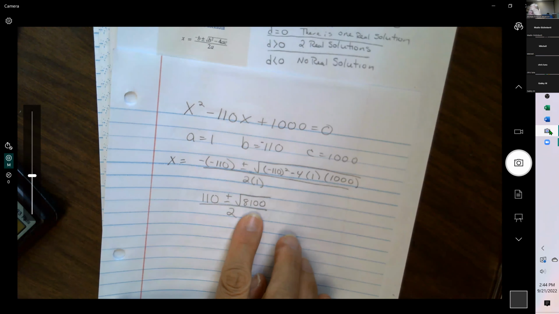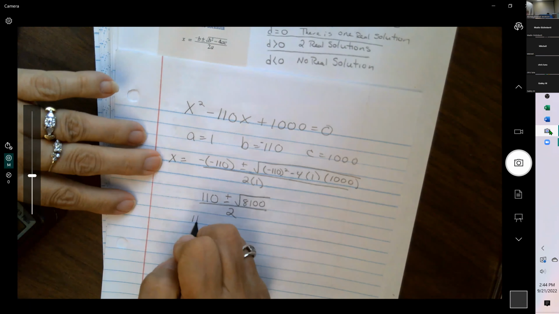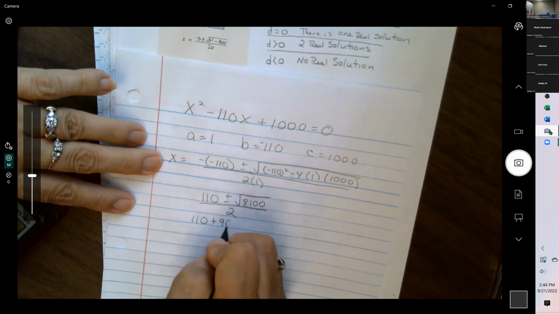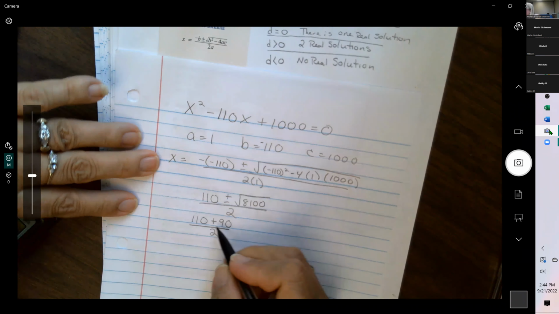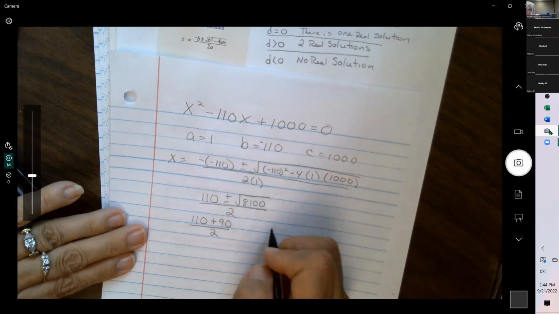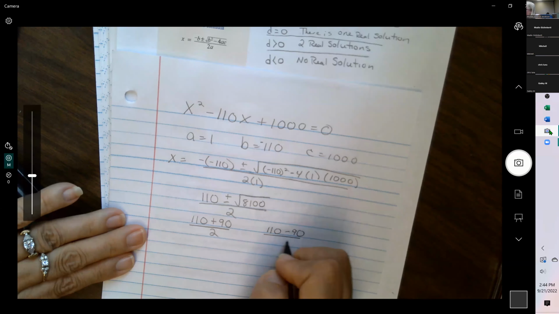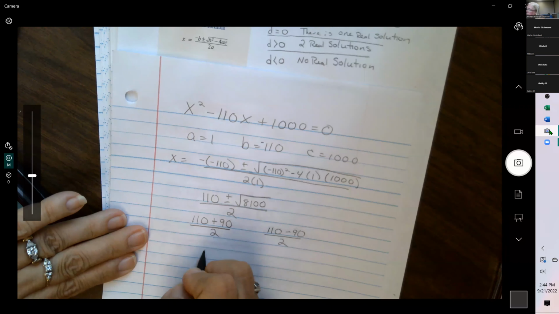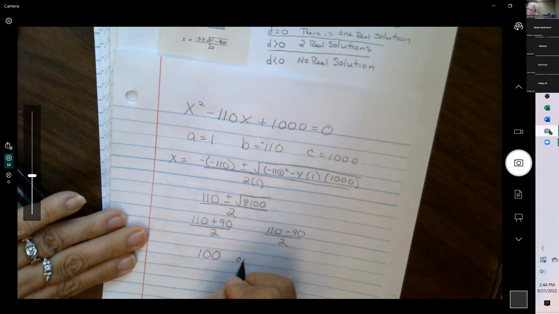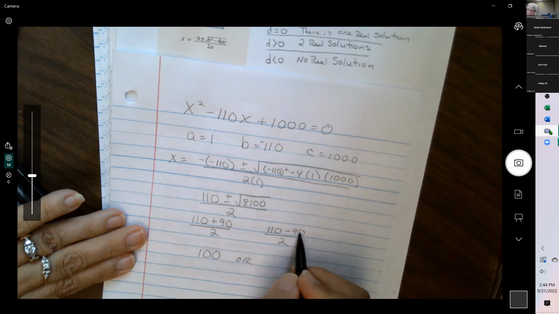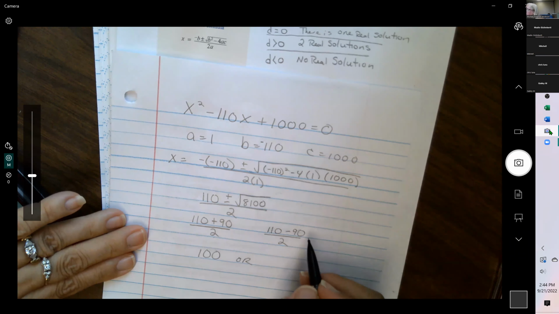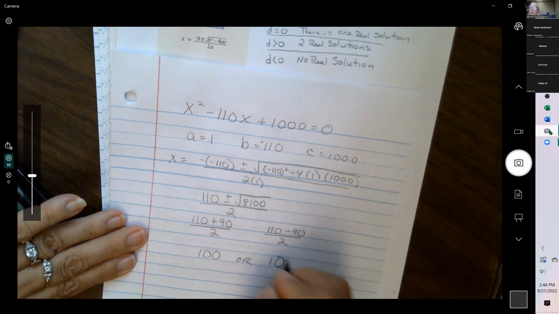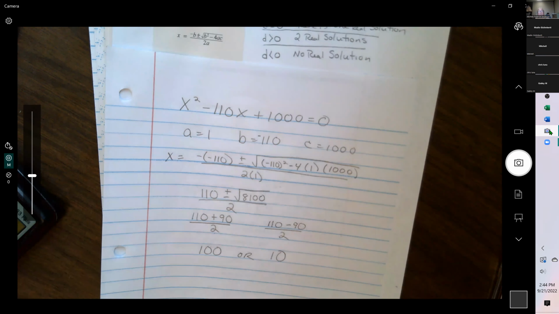Square root of 8,100 is 90. So we have 110 plus 90 over 2 and 110 minus 90 over 2. When we add, we get 200 divided by 2 is 100. Subtracting, we get 20 divided by 2, which is 10. So either way, you're going to get the same answer.